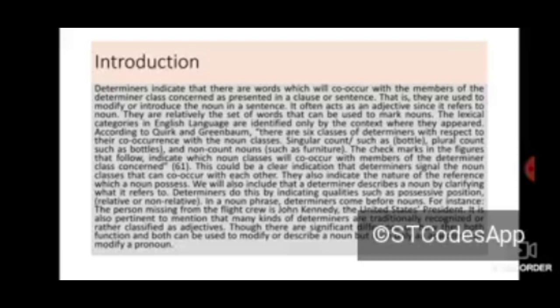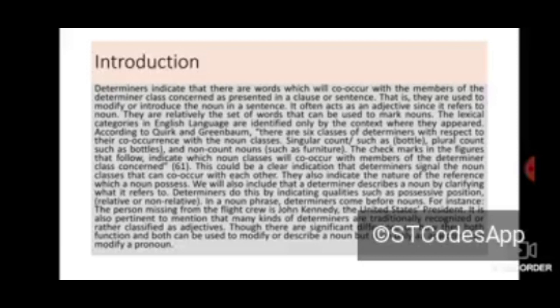Determiners do this by indicating qualities such as possessive, position, relative or non-relative. In a noun phrase, determiners come before nouns. For instance, the person missing from the flight crew is John Kennedy, the United States President.